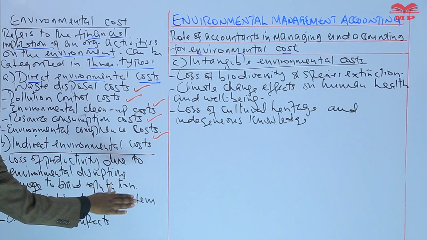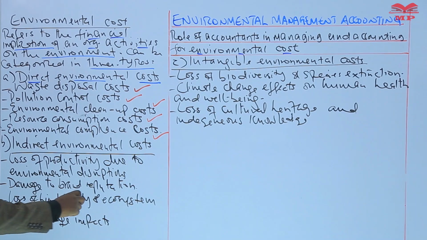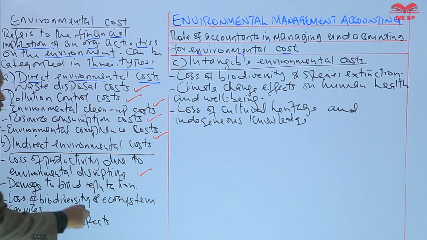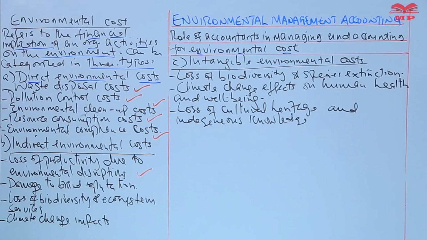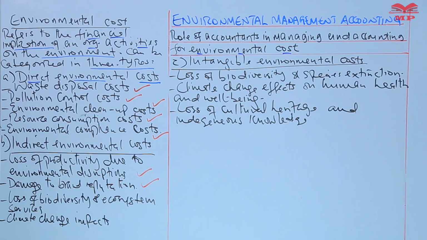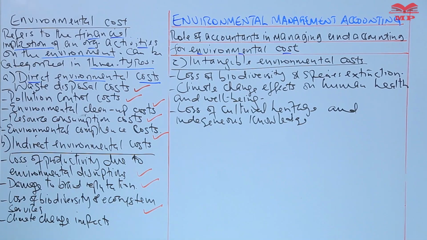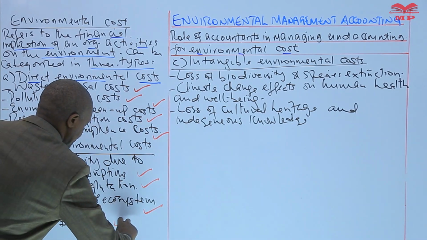Indirect environmental costs include loss of productivity due to environmental disruptions. This is productivity on the workforce. Then we have damage to brand reputation. Number 3, loss of biodiversity and ecosystem services. Number 4, climate change impacts.